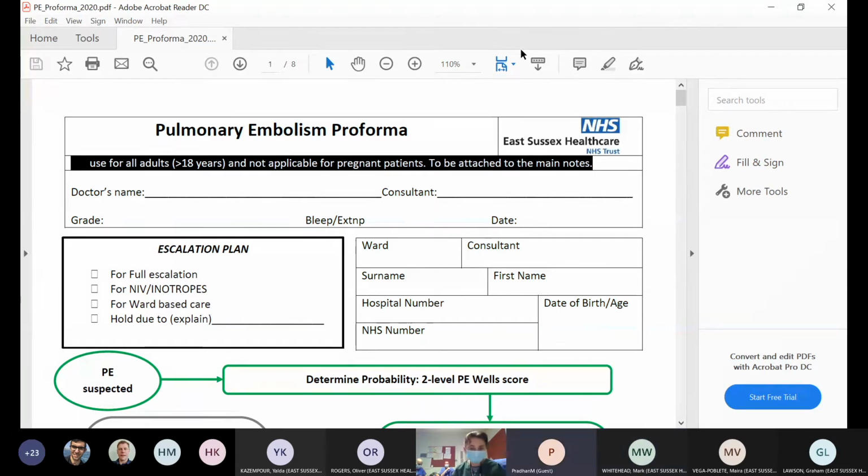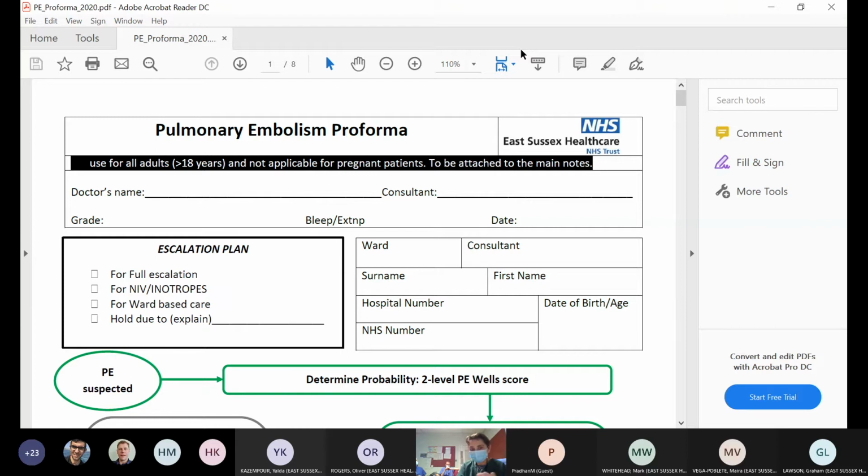So that is the working proforma. There are about 4 double-sided pages, so 8 pages in total, but 4 together like a booklet. You can start this proforma at any stage of admission, in A&E or in hospital.